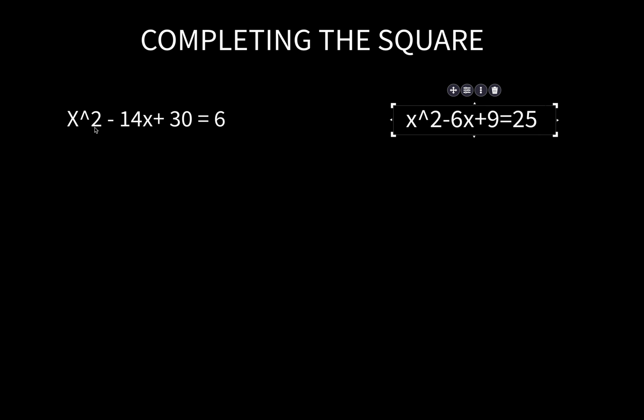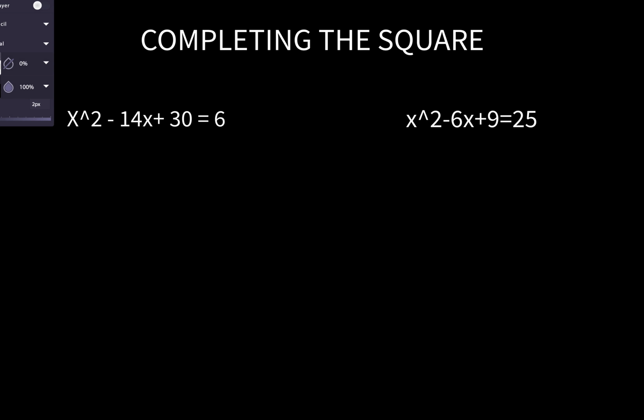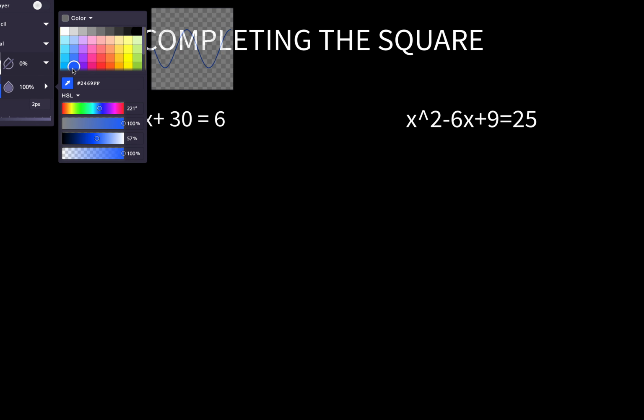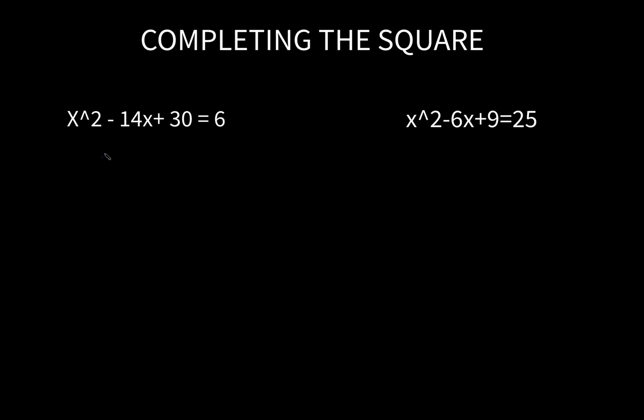All right, here I have two problems completing the square. We're just going to start with this one here. As you can see, we have x squared minus 14x plus 30 equals 6.